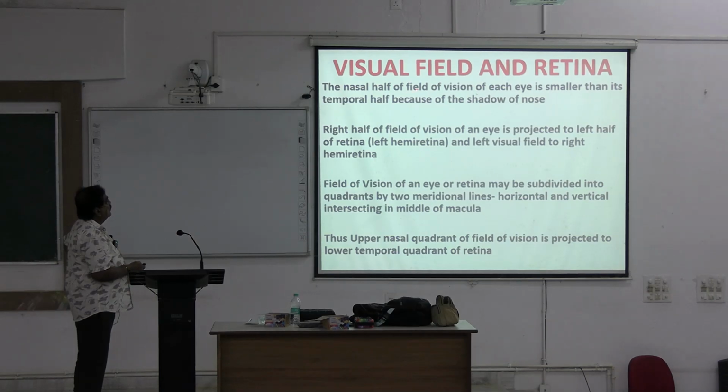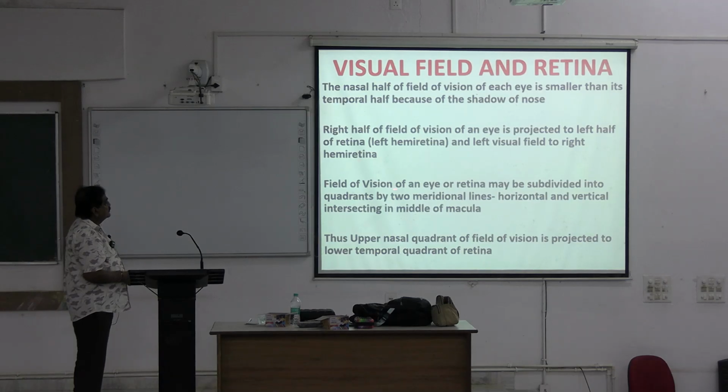The nasal half of the field of vision of each eye is smaller than its temporal half because of the shadow of the nose. The right half of the field of vision of an eye is projected to the left half of the retina, the left hemiretina, and the left visual field to the right hemiretina.